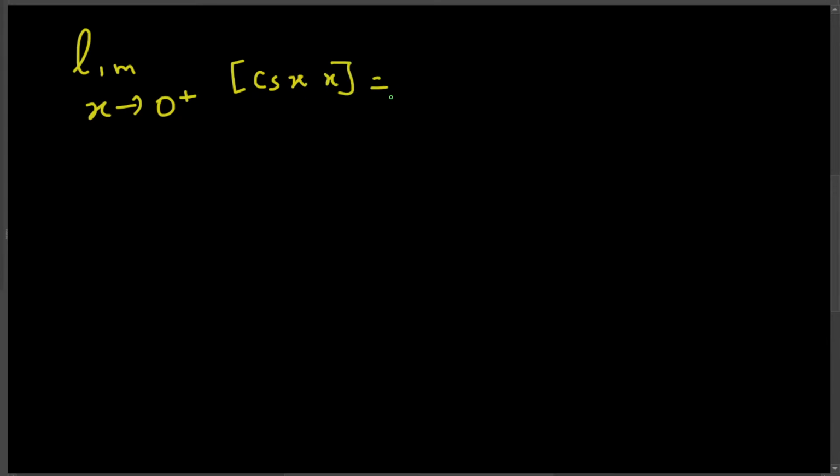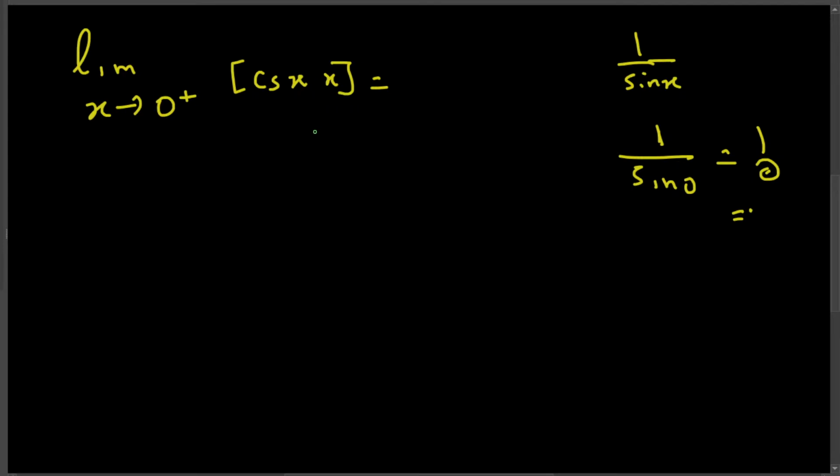From the right side means the values we use should be greater than 0. Let's see what happens if you directly substitute. Cosec x is 1 over sine x. If you plug in 0, it's 1 over sine 0. Sine 0 is 0, so 1 over 0 is undefined. That's why we cannot directly substitute here, so we have to do something else.